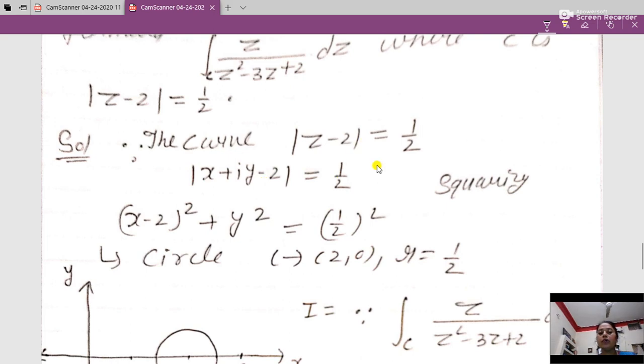So when we apply the formula of mod, it will be root over x minus 2 whole square plus y square is equal to 1 by 2. Squaring both sides, it will be x minus 2 whole square plus y square is equal to 1 by 2 square. Therefore, it is a circle whose center is (2, 0) and radius is equal to 1 by 2.